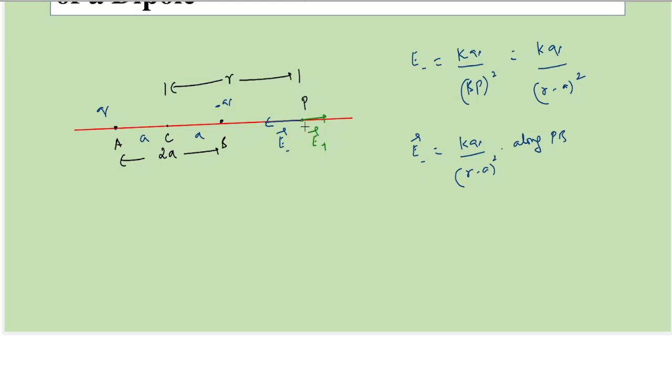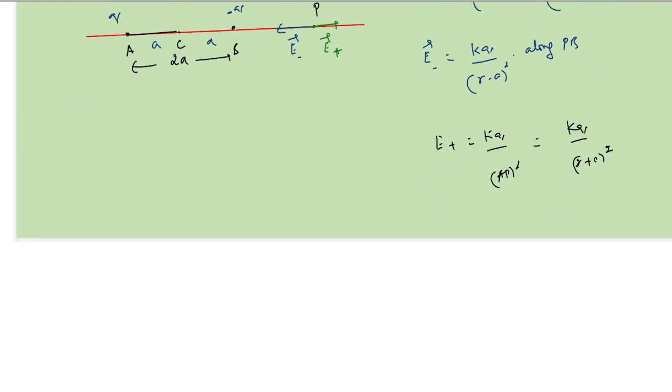So E plus is the electric field created by the charge plus Q. E plus in terms of magnitude would be equal to KQ by AP the whole square, is equal to KQ by, you can write AP as AC plus CP, that becomes AC would be A and then that would be R, so it becomes R plus A the whole square.